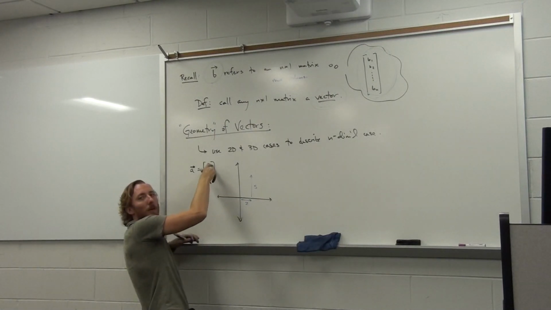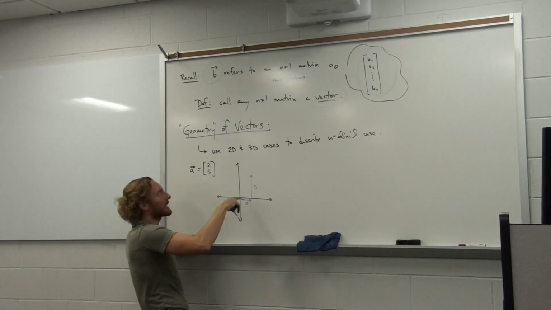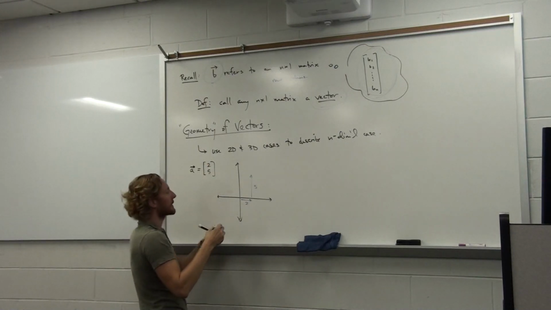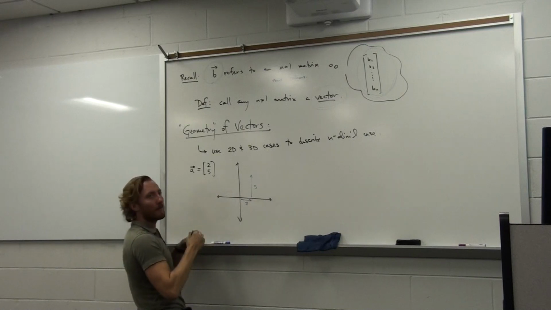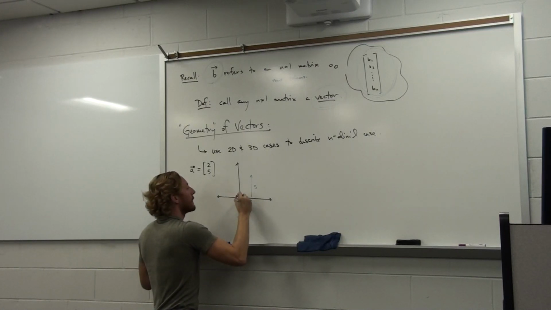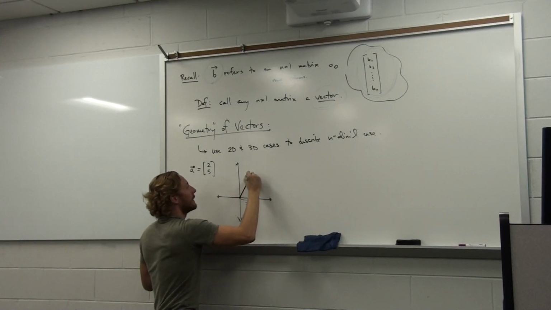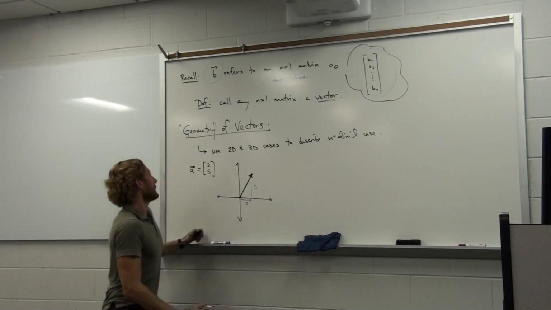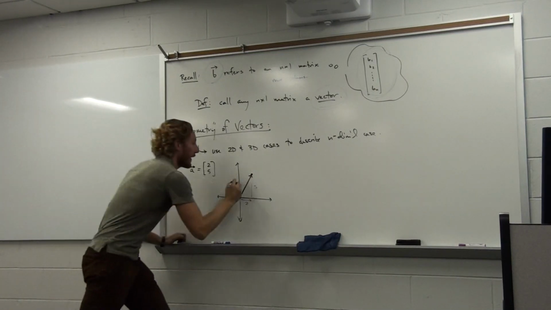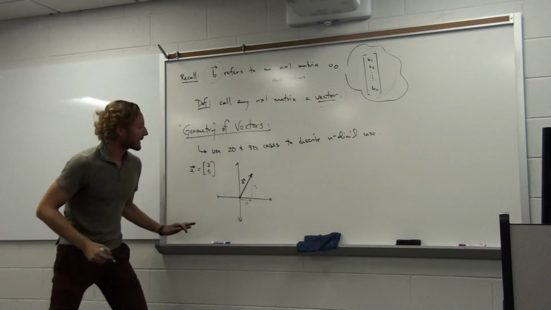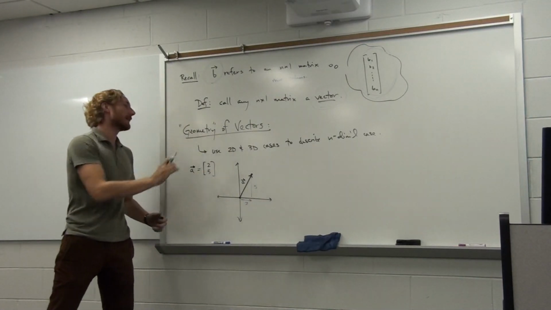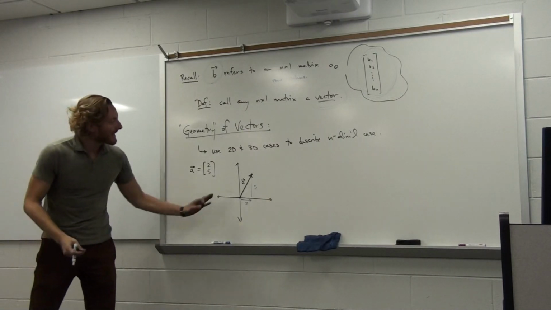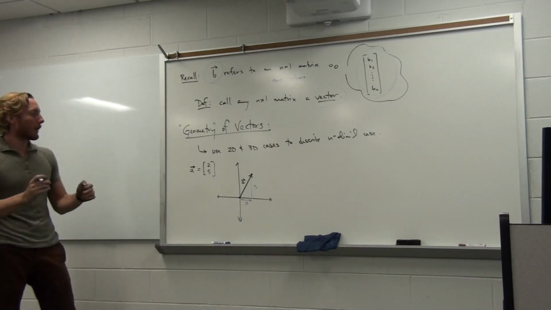The first number we interpret as the x-axis position, and the right is the positive x-axis. Here, 5 is the y-axis position, again positive. So the vector A, 2, 5, corresponds to a movement of 2 units to the right and 5 units up, and you could view that as a single arrow to represent the vector.